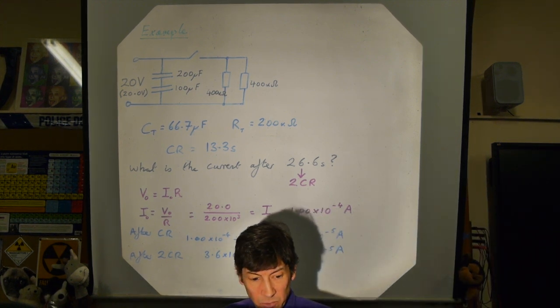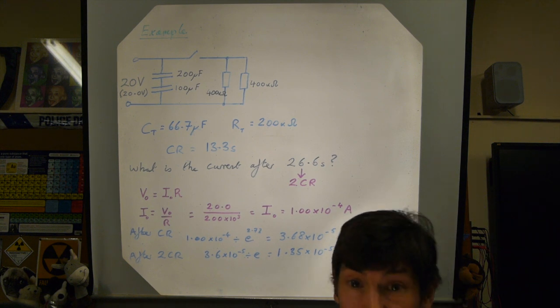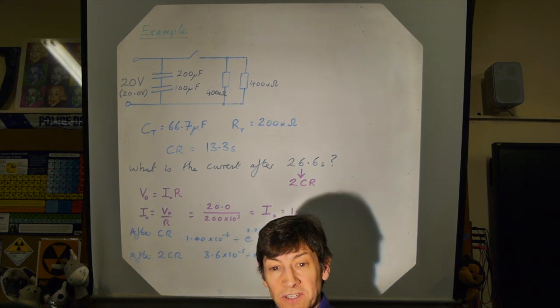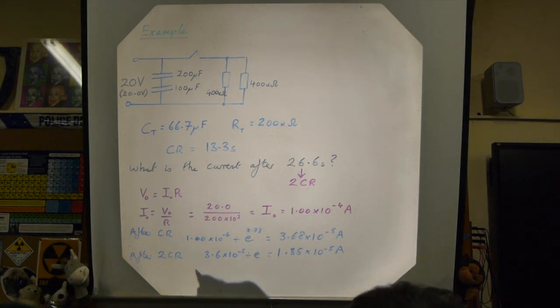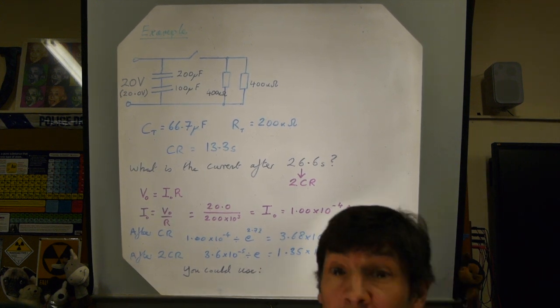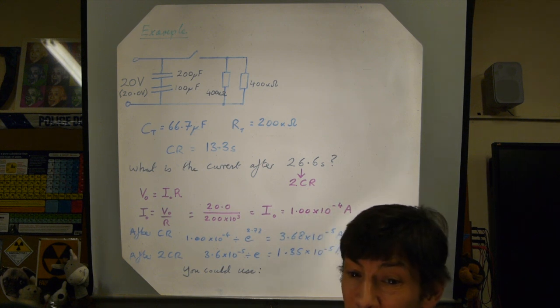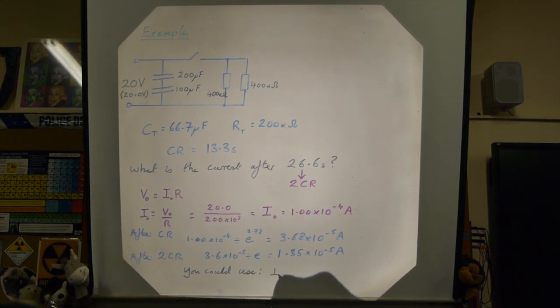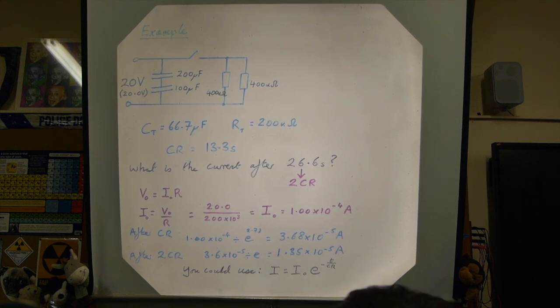It's worth pointing out that 1 or 2 of you might have gone about this in a slightly different way, because you could use the formula I taught you earlier on, that the current now is the current at the start multiplied by E to the minus T upon CR.